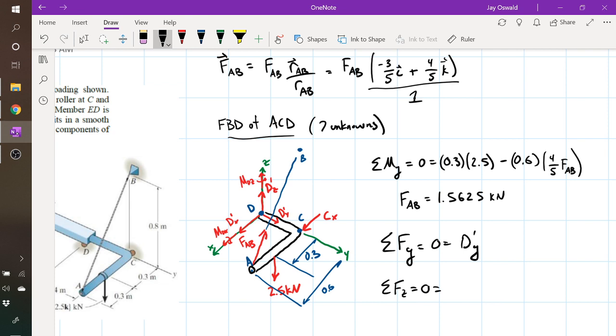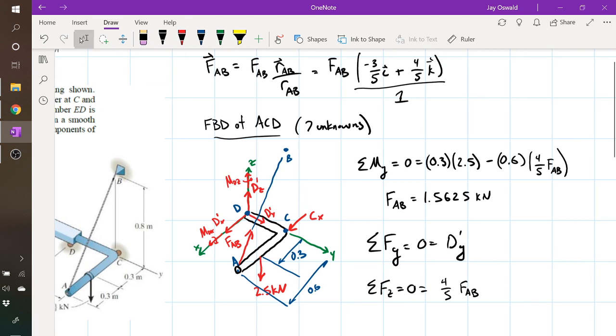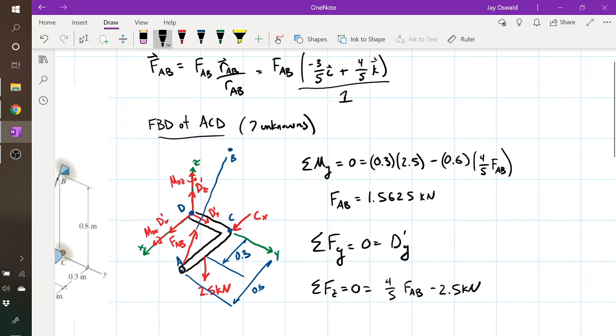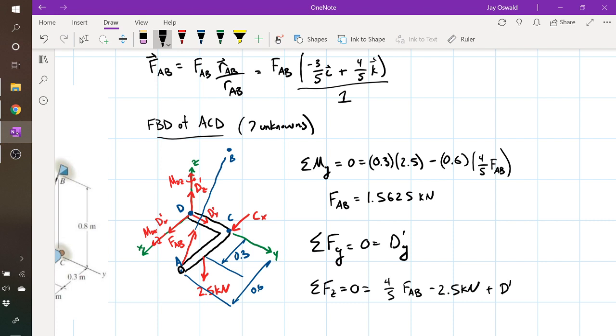what is it, 4/5 again? FAB plus or minus 2.5 kilonewtons plus d prime z. Am I getting that right? I think so. Okay, what do we get?